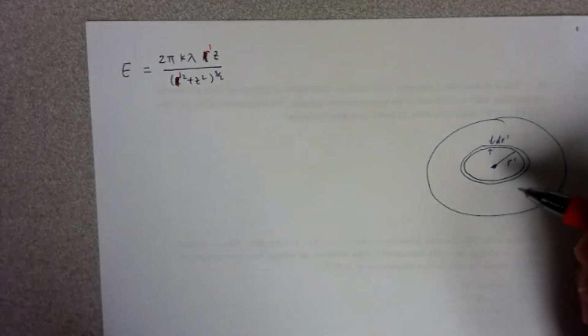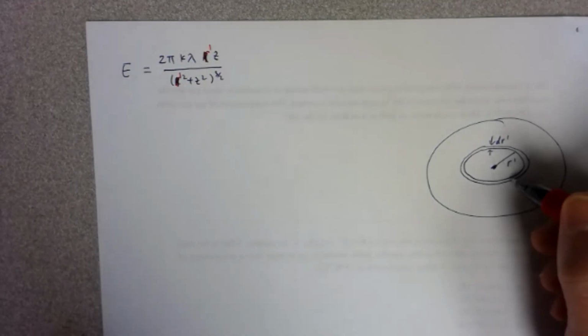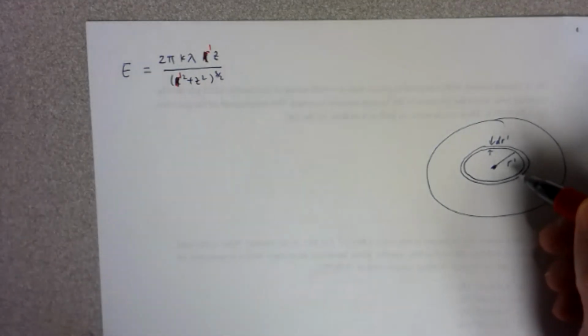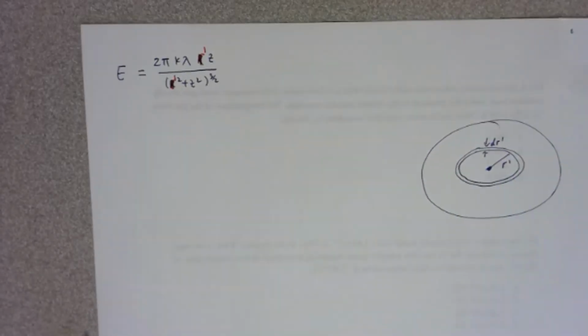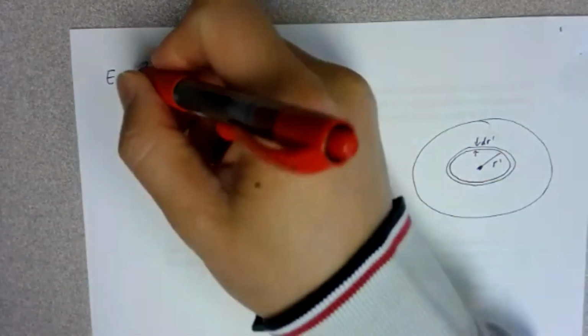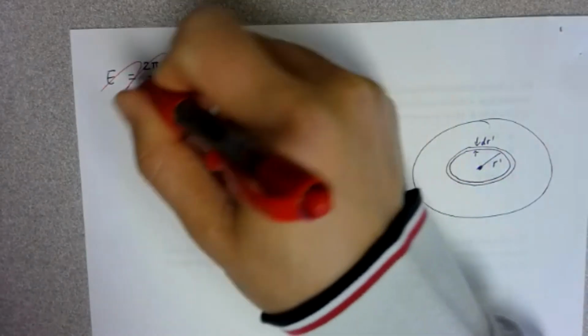In this case, instead of k lambda, we will actually be doing sigma times dA. Oh, actually not, sorry about that. We shouldn't use the previous one, because this is not a line.